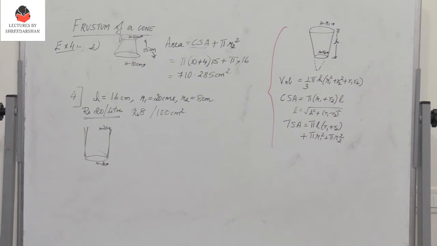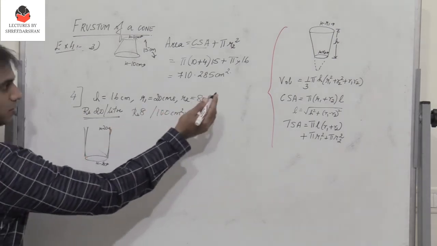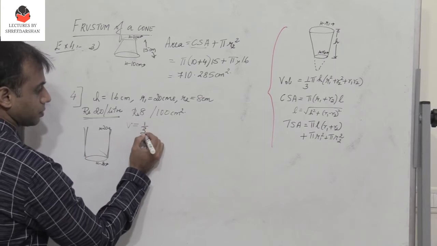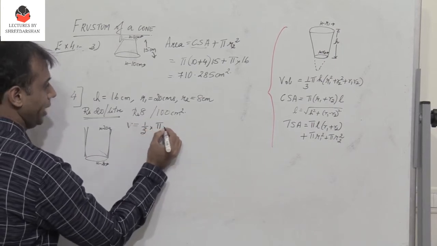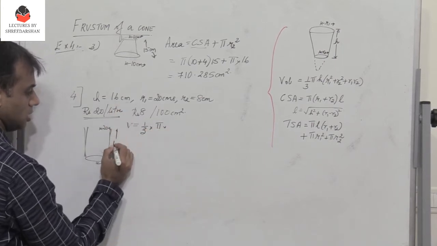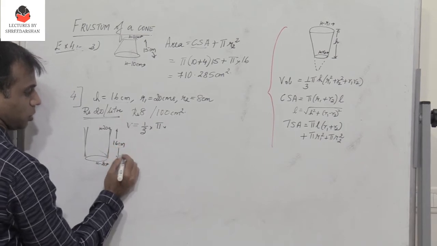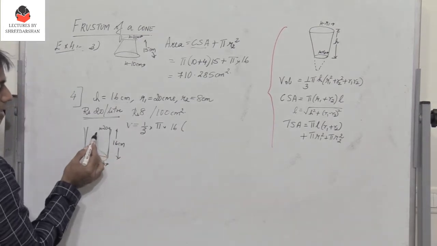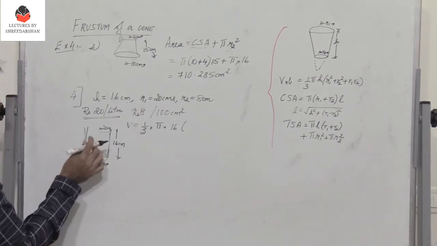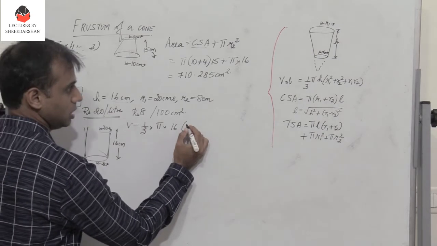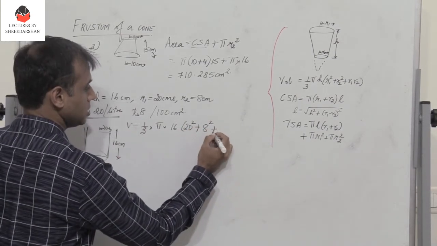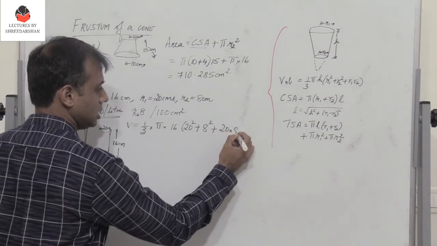So now we need to find the total volume. So what is the total volume given by? The volume is given by the expression 1 by 3 into pi into h, which is of course 16 centimeters, as given in the problem, into r1 square, where r1 is the radius of the larger base, which is 20 square, plus r2 square, which is 8 square, plus r1 into r2, which is 20 into 8.